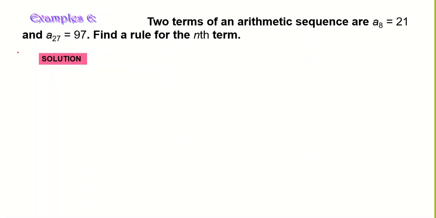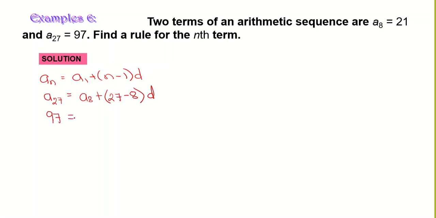Let's assume that your last term, I'll write it so you can memorize it, okay? So a sub n, I'll have a sub 27 as my assumed last term, and I'll have my a sub 8 stand as the first term. Then the subscript 27 minus 8 times your common difference.